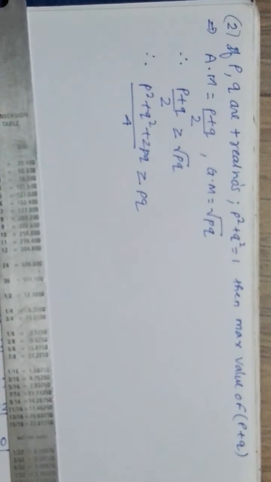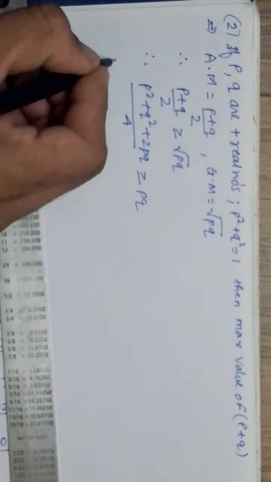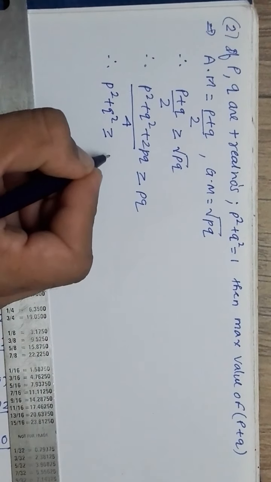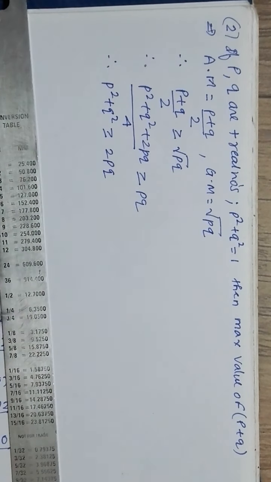So p and q are very nicely told as positive real numbers. So this is very helpful for us. It will mean that p into q also is positive. P square plus q square will be greater than or equal to 2pq, right?